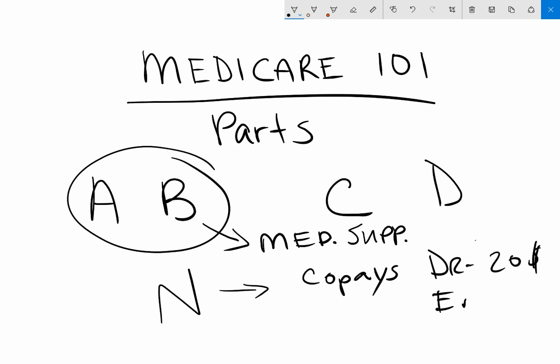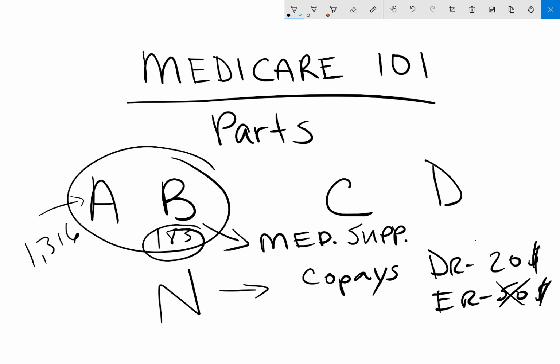For ER visit, it can be up to $50 per visit when you are not admitted to the hospital. If you're admitted, that ER copay is not applicable. You will also have your $183 deductible that you have to pay for Part B. Plan N will take care of the $1,316 deductible for hospital.